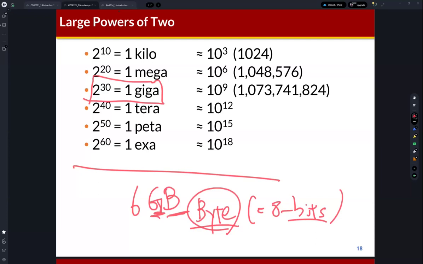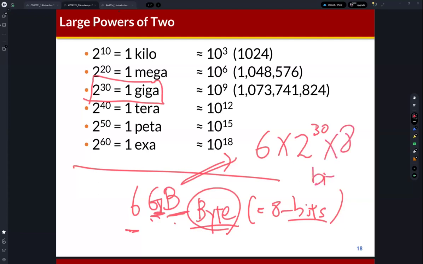And then it's a 6. So 6 gigabytes represents 6 multiplied by 2 to the power of 30 bytes. And since this is bytes, it's multiplied by 8 bits.